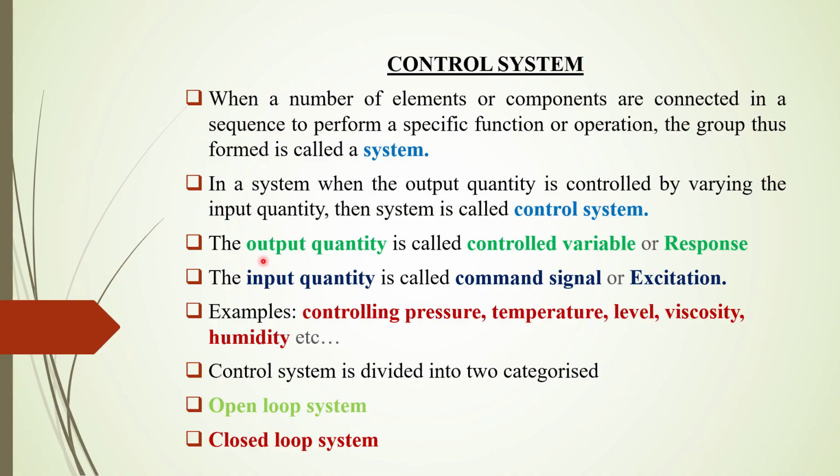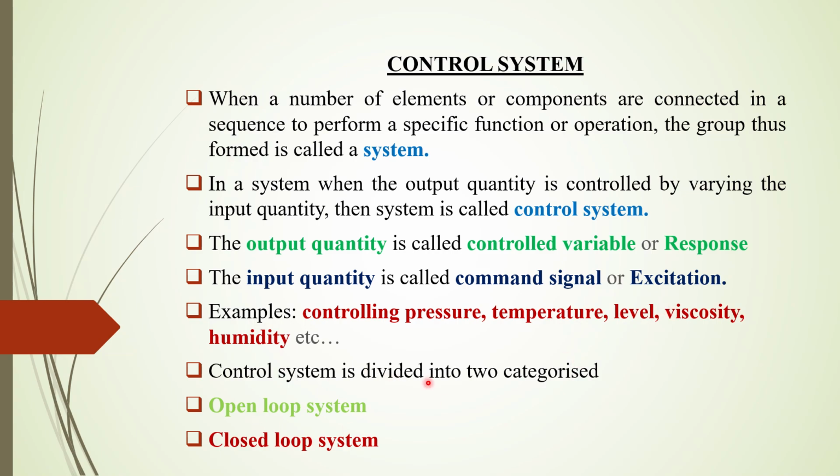Generally in a control system, the output quantity is called the controlled variable or response. The input quantity is called the command signal or excitation. Examples for control systems: controlling pressure, temperature, light, fan, motor, etc.